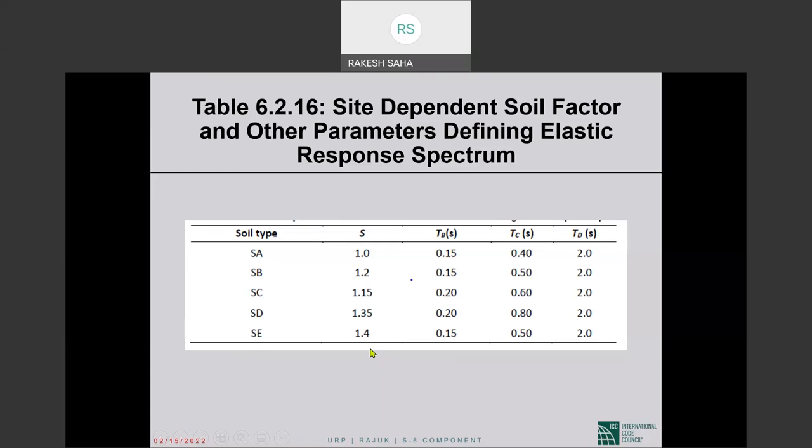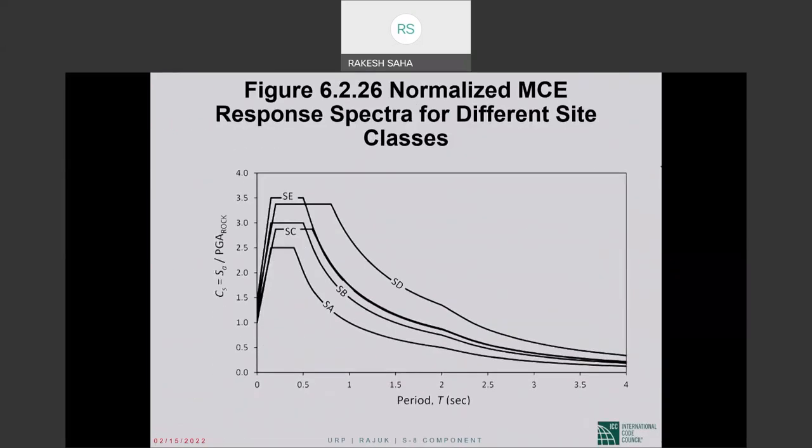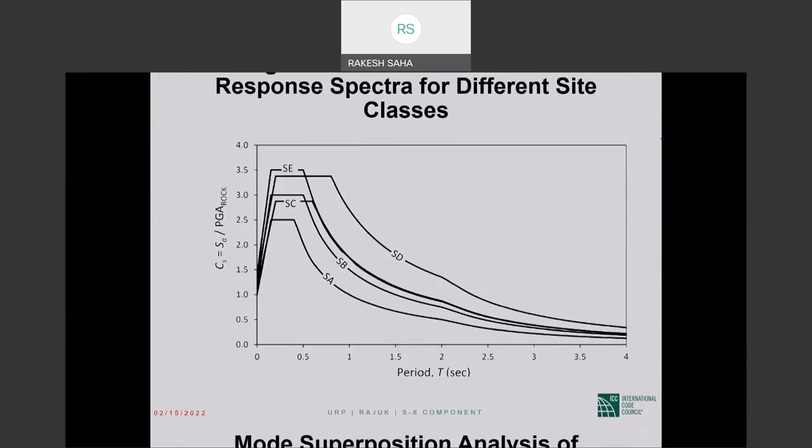BNBC has stayed with one soil factor instead of going to F sub A, F sub V, like ASCE 7. Although in Appendix C, I pointed out that it uses F sub A, F sub V, but F sub V is not an independent thing. Okay, so all those details I covered already. So this would be the spectra of BNBC that you can use in design.